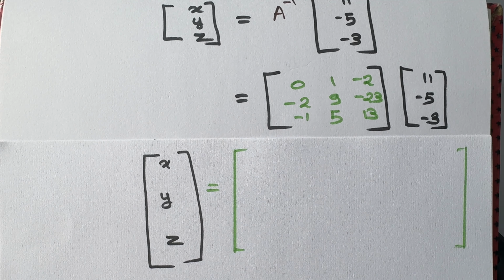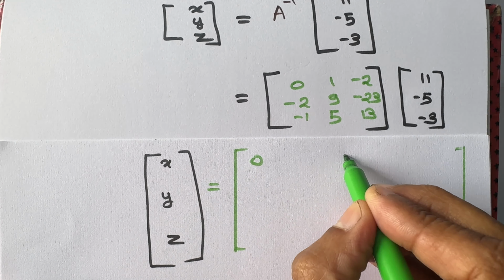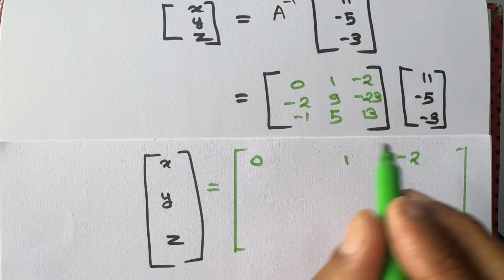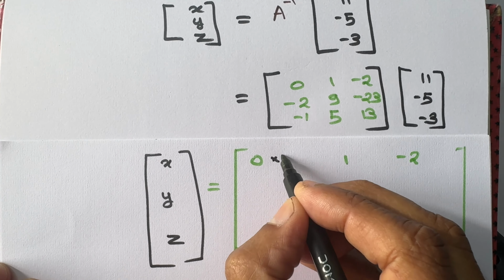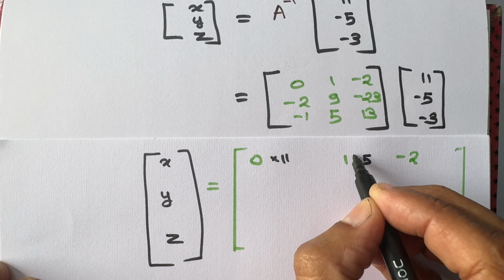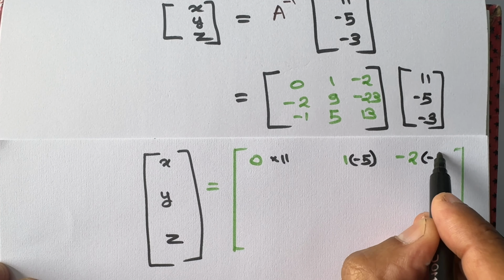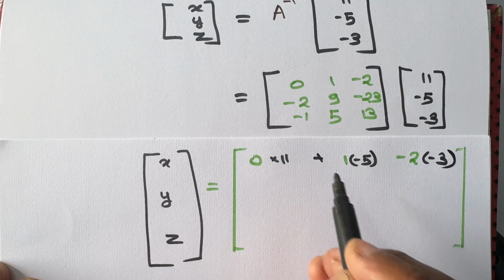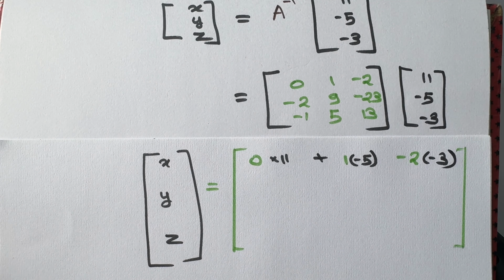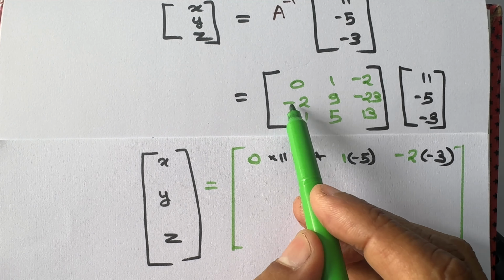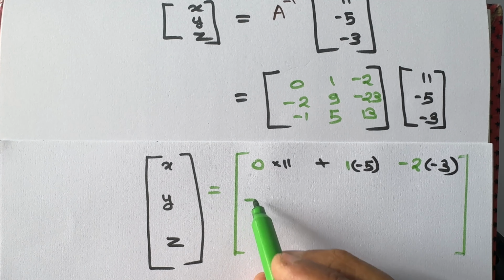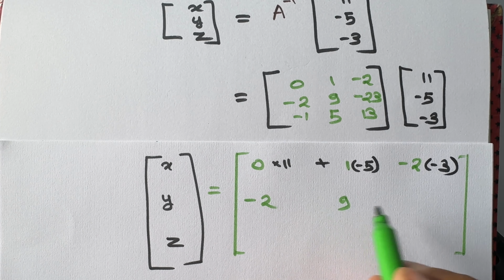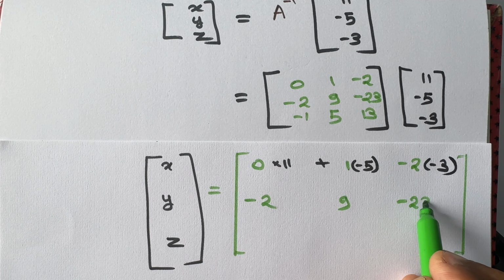And we know how to multiply. We just multiply row with column. So 0, 1, minus 2, that's the first row. Multiply it to the first column, 11, minus 5, minus 3. Again, multiply second row to the first column. Minus 2, 9, minus 23.